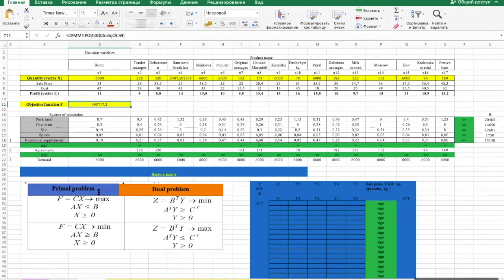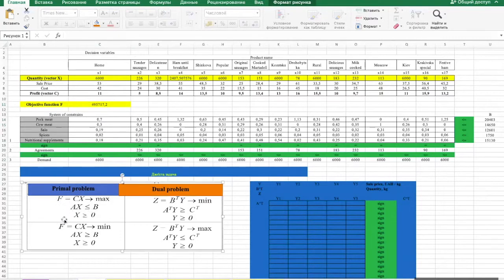And in this maximum problem, we have our matrix multiplied by x less than or equal to our b, so our available quantities of each resource, and all our x must be greater than or equal to 0. So we have this form of our primal problem.